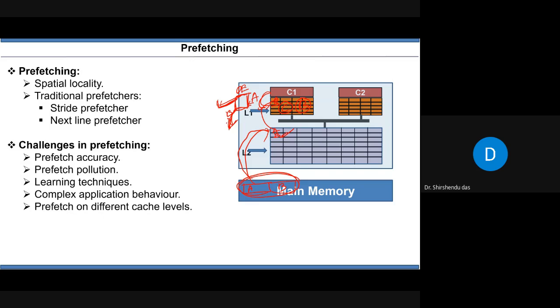We'll discuss more about prefetching here. There is the next line prefetcher, which I already told you: if the core is requesting a block, then maybe we can fetch the next block. That's called the next line prefetcher. A stride prefetcher means it follows a stride. If you are accessing a block here, then maybe after whatever block is at that stride distance, you prefetch that block.